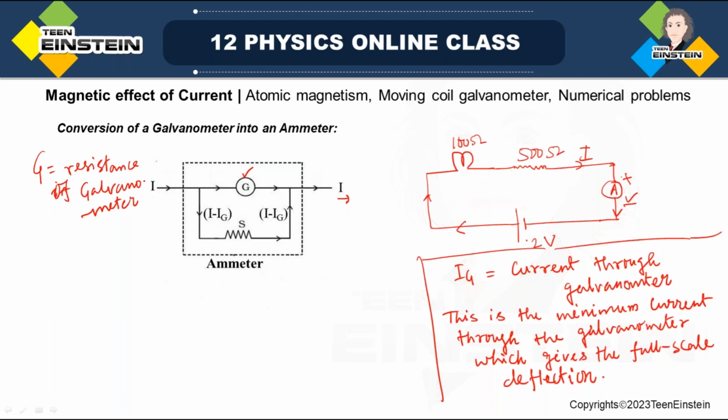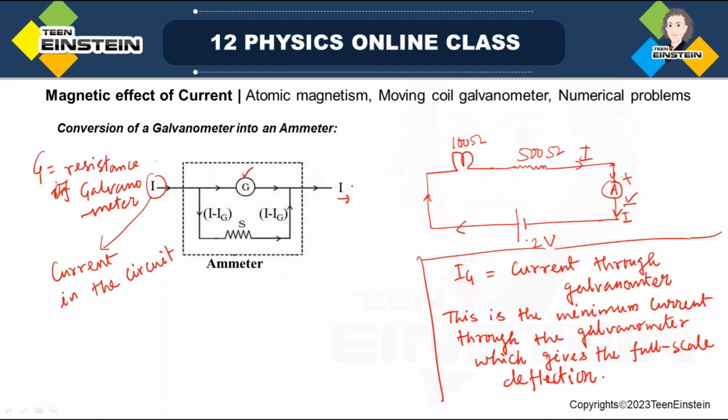This is the current in the circuit, the mains current. So this I is the current in the circuit. I enters and I leaves, passing through the ammeter.